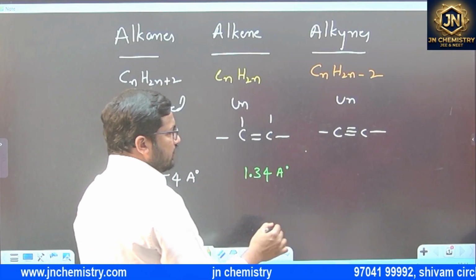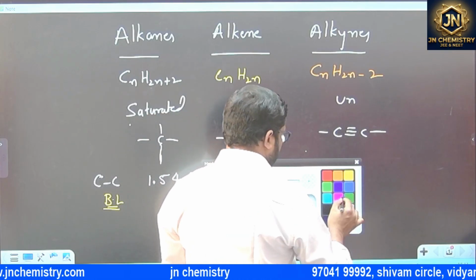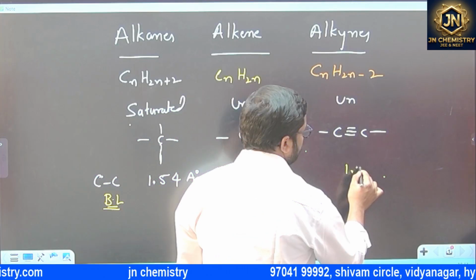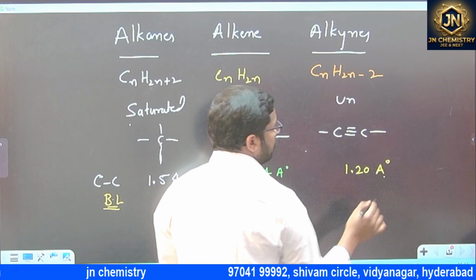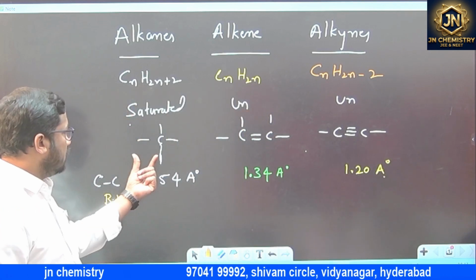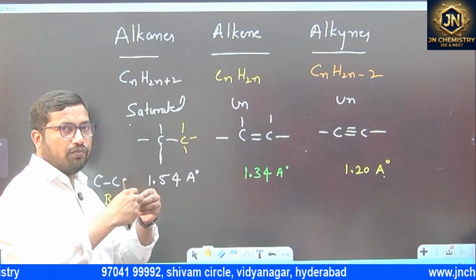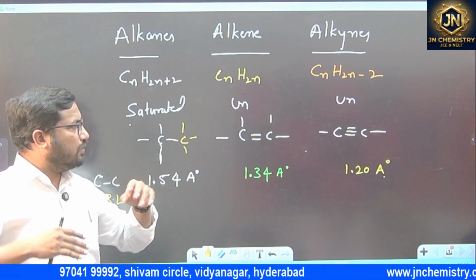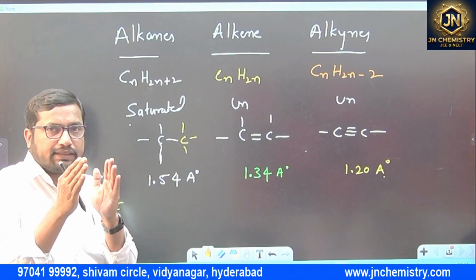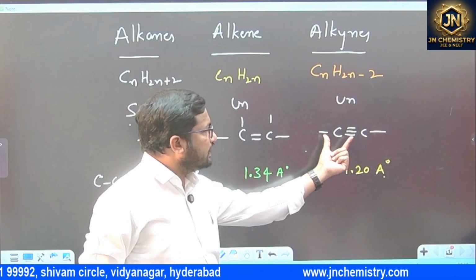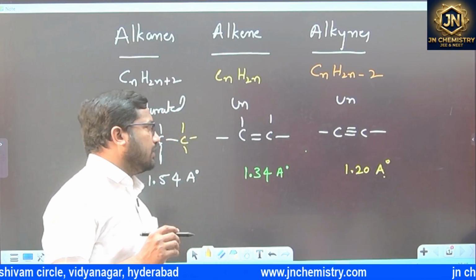And the triple bond length is 1.20 angstroms. The C-C single bond length is somewhat more; with a double bond the size is automatically somewhat smaller, and in alkynes it is very small.